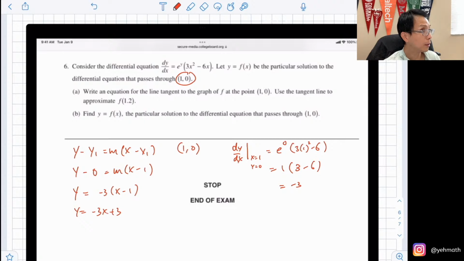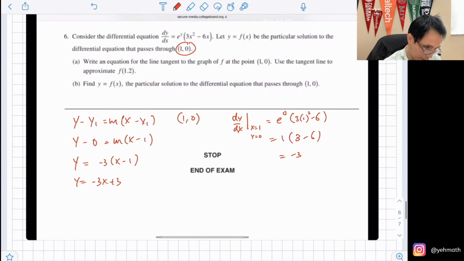Are we okay here? Yes? Okay, I got your approval, which is good. Then all we gotta do is plug in 1.2. So it'll be negative 3 times 1.2, so it's gonna be negative 3.6 plus 3, that's equal to 0.6.